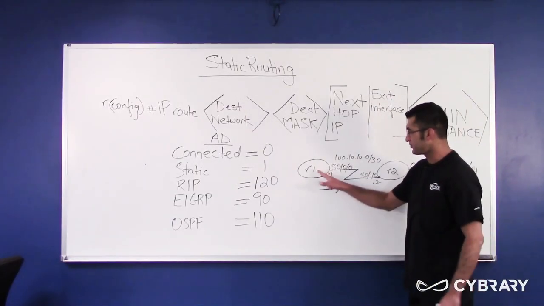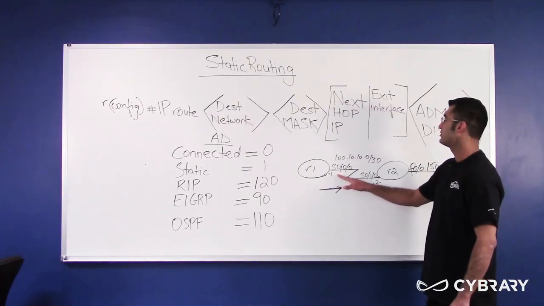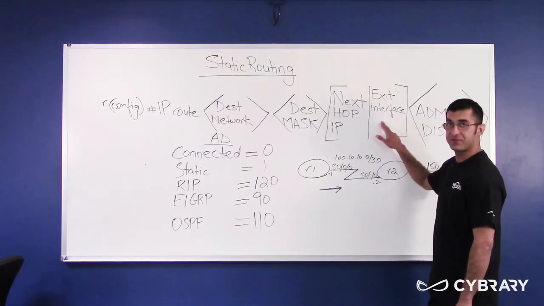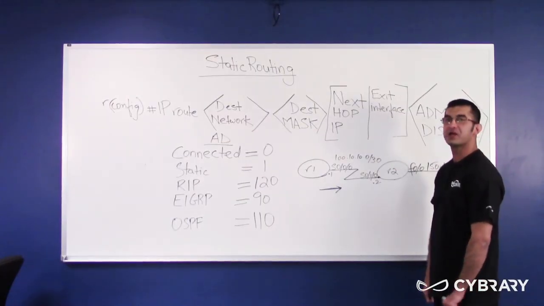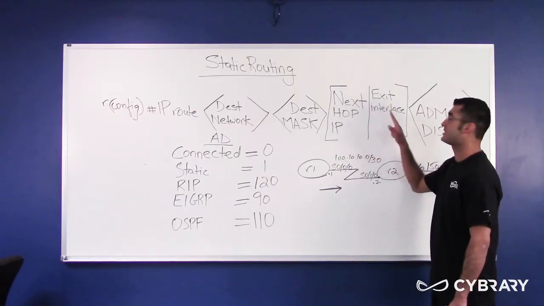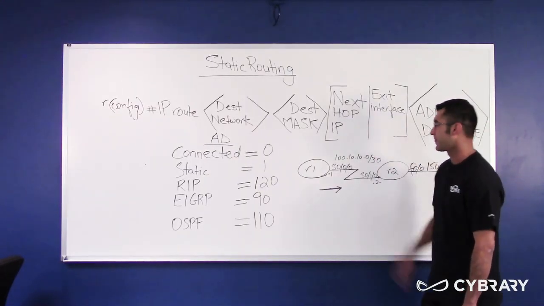So my exit interface on router 1 would be serial 0/0/0. So you have two options, either the next hop IP option or the exit interface option. As you will see, there are certain rules as to when to use the next hop IP and when to use the exit interface option. And I will go over these rules during our lab.